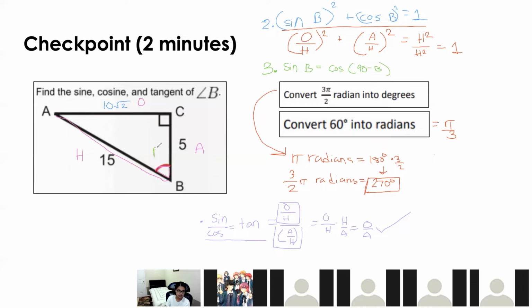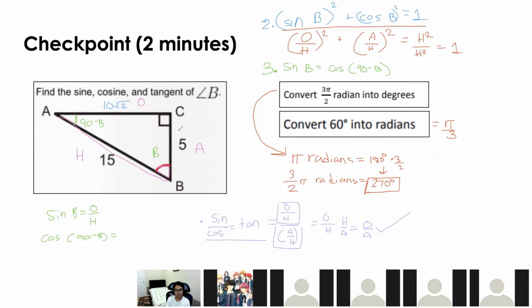So let's call this angle b. And this angle is 90 minus b. So then sine of b is going to be opposite over hypotenuse. We already know that. But then cosine of 90 minus b, does anyone know what that would be in terms of O, A, and H?